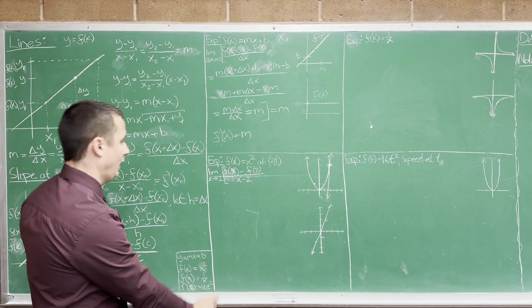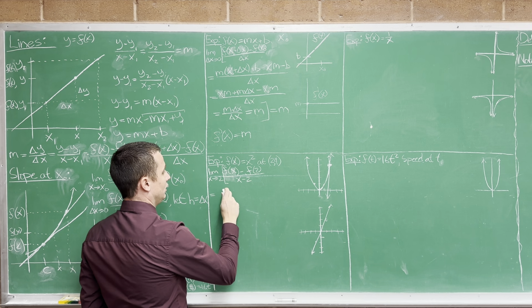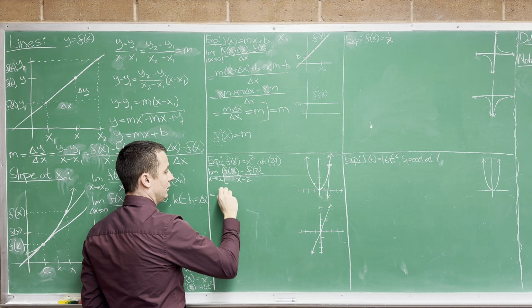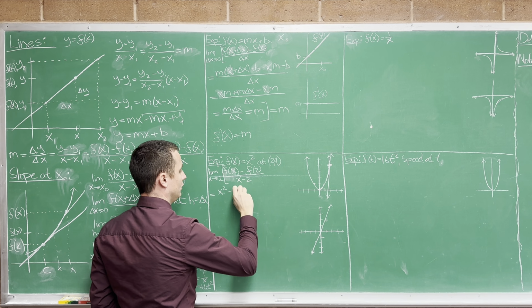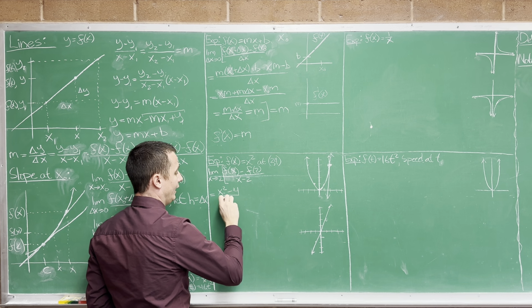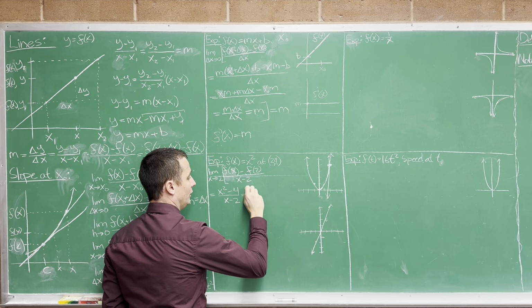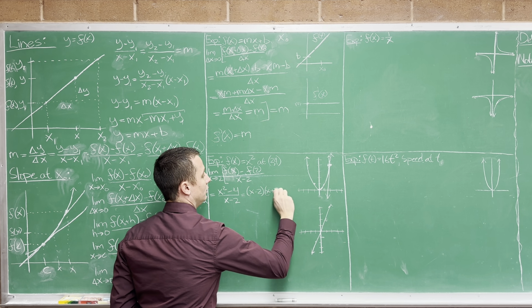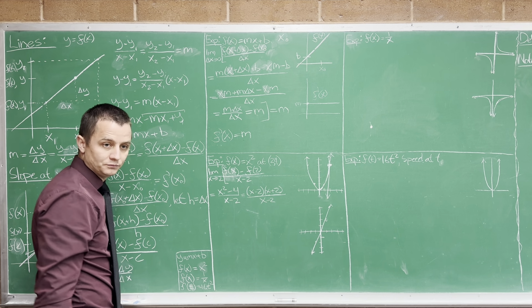Okay, so this is equal to, what is f of x? x squared, minus f of 2, which is 4, all over x minus 2, right? Now that's a difference of squares, so it factors into x minus 2 and x plus 2, all over x minus 2.